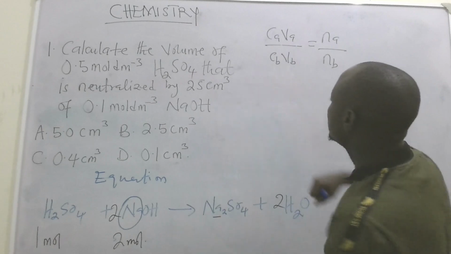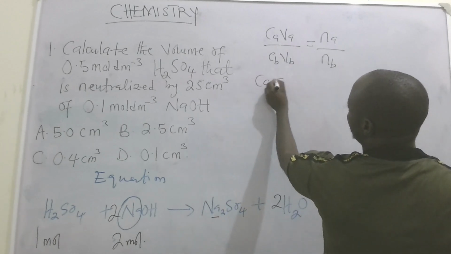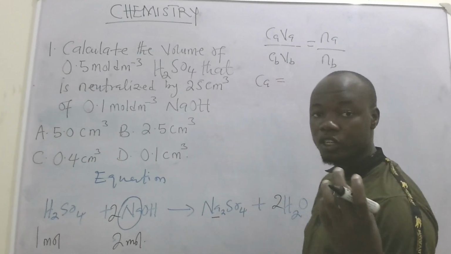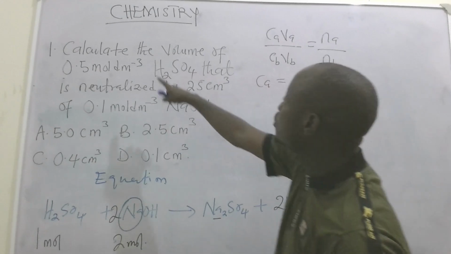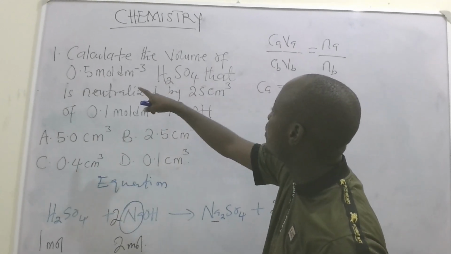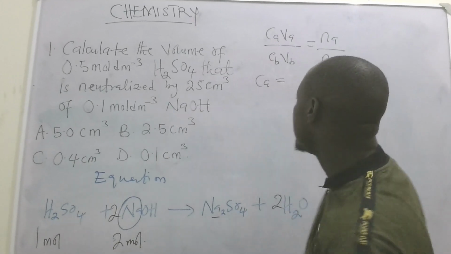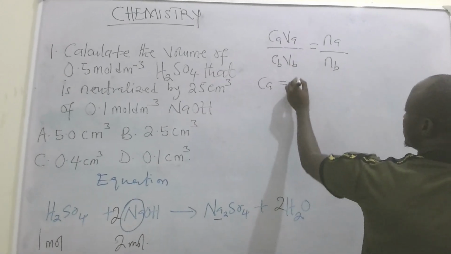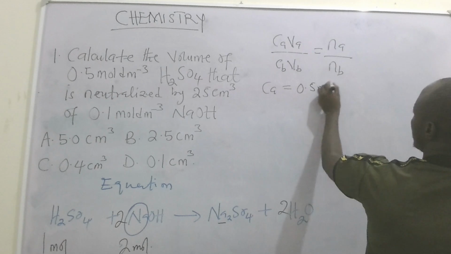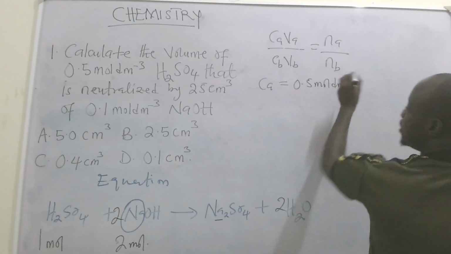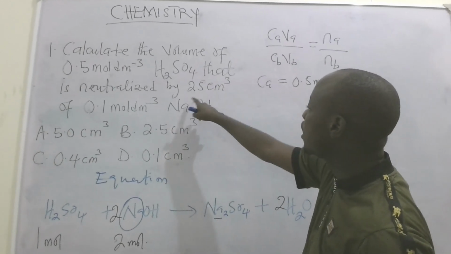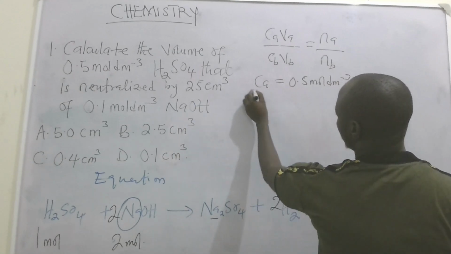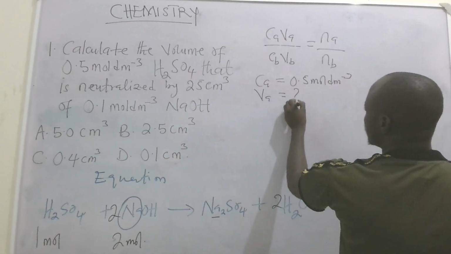From the question, we need to derive the data from the equation. Calculate the volume of 0.5 mole per dm cube acid. It means the concentration of the acid is 0.5 mole per dm cube, and of course we have to calculate the volume of the acid, which is unknown.